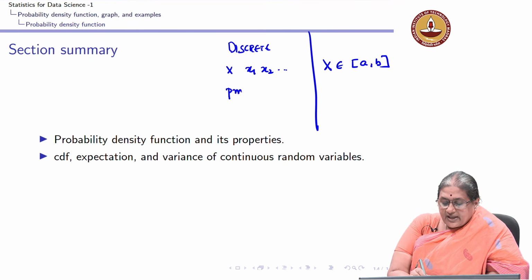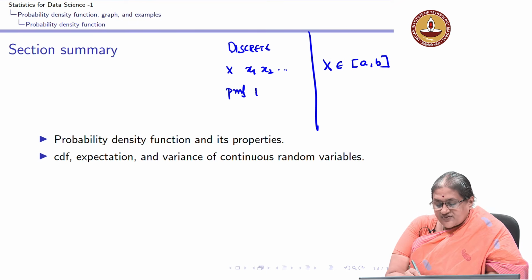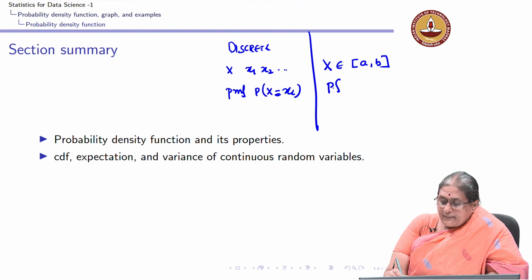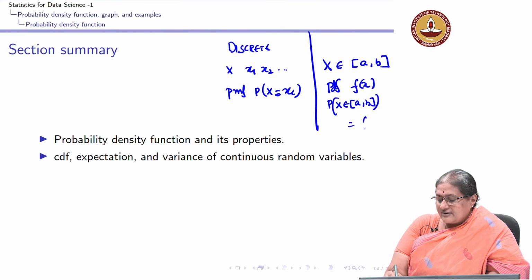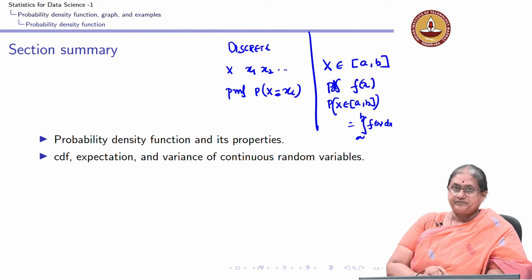I had the PMF, the probability mass function, which was probability x takes a particular value xi. Here I have a PDF, which is the probability density function, which I define as probability x belongs to a particular interval a to b is the integral of f of x dx.